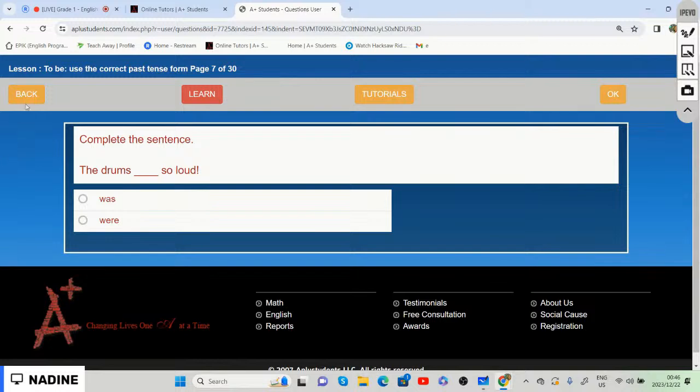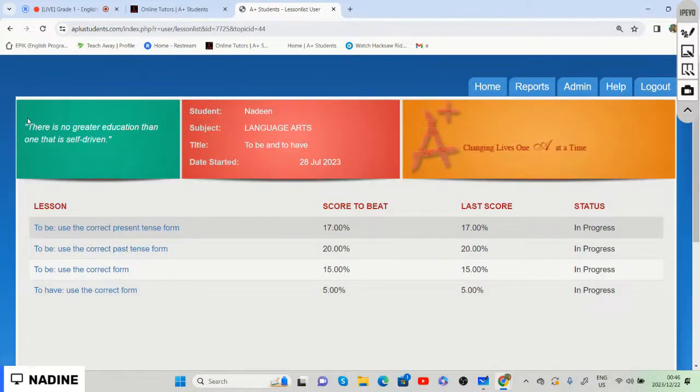All right. So we said that when it comes to the past tense form, we use was and were. So basically, this is now the end of our lesson.